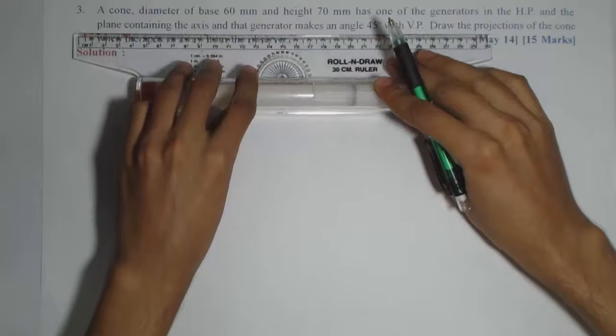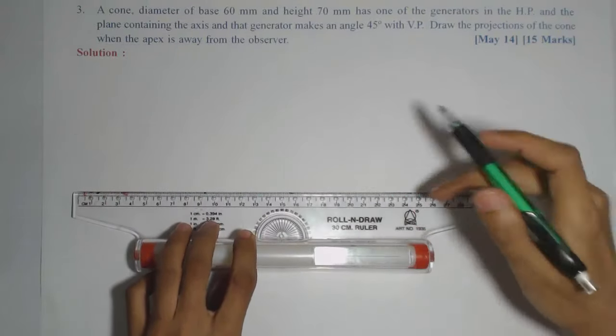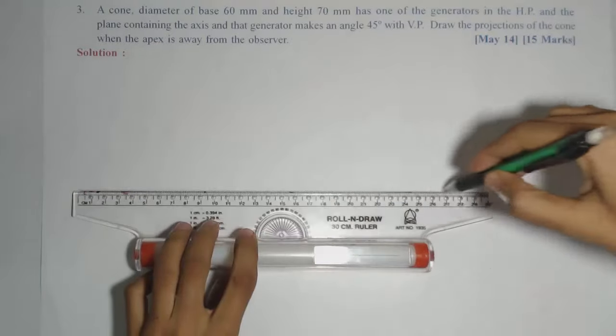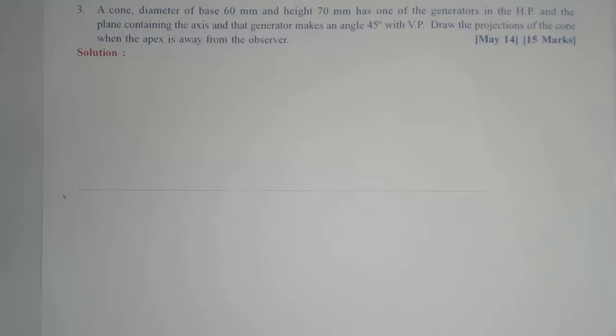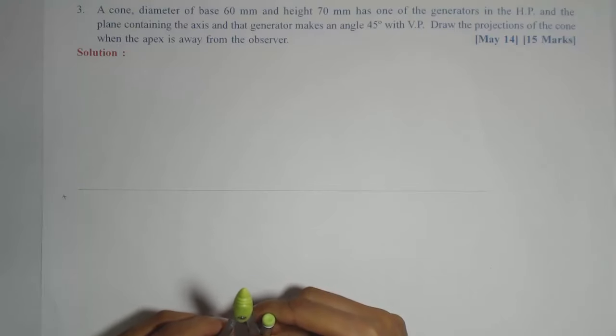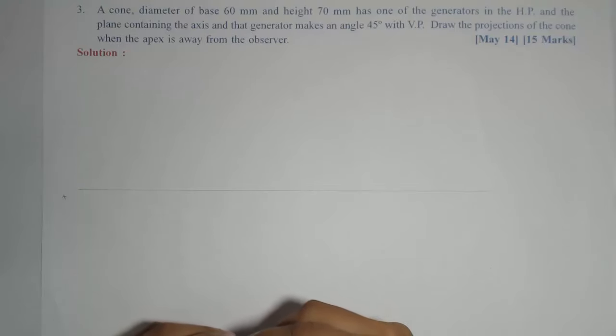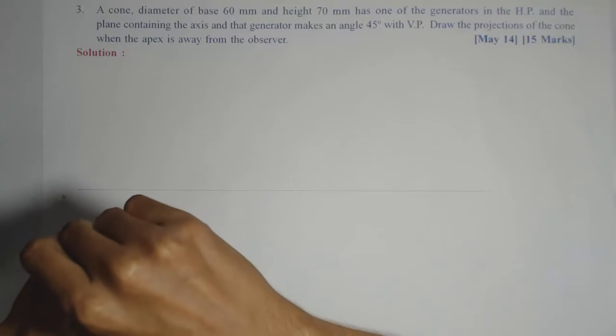Then only I'll be able to keep the generator on the HP in the second stage. So first marking the XY line, then the base diameter is given as 60, so we'll keep the radius 30 mm and we'll draw the top view.